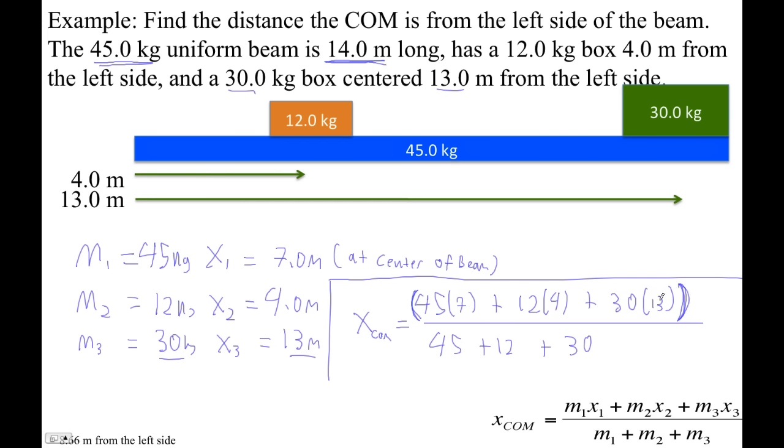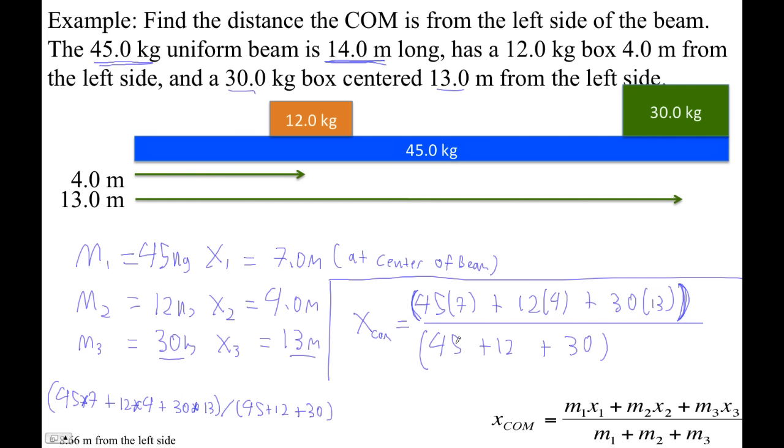If you don't have that fancy OS, you have to put parentheses in: left parenthesis 45 times 7 plus 12 times 4 plus 30 times 13, right parenthesis, divided by left parenthesis 45 plus 12 plus 30, right parenthesis.